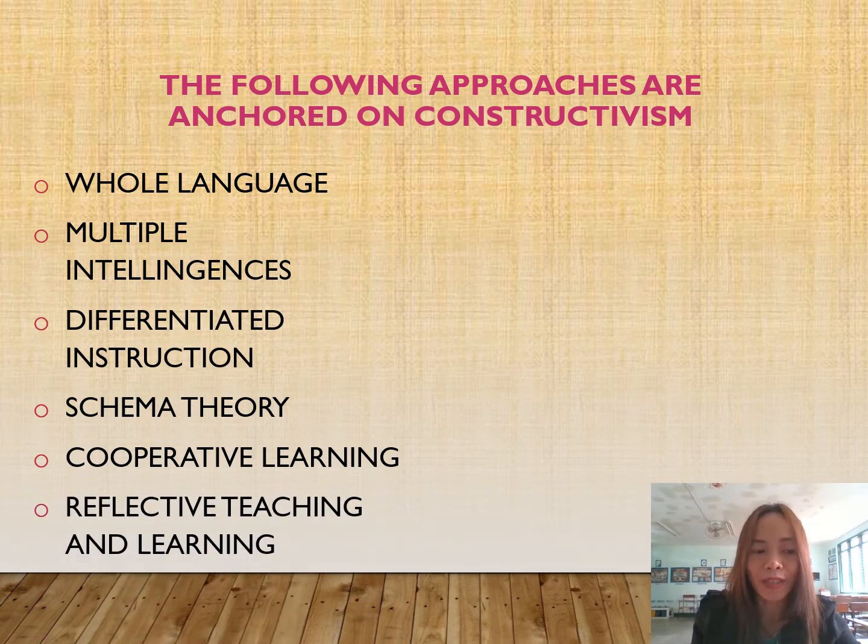So the next one is the reflective teaching and learning. This means that both the teacher and the students look closely at what they do in the classroom. So think about what they do and think about it.